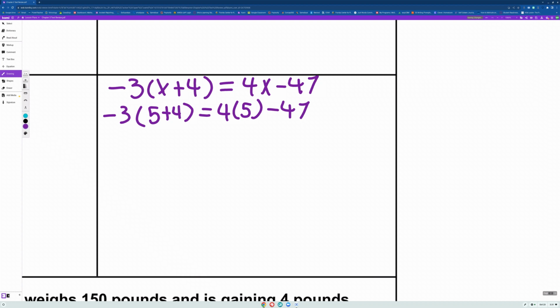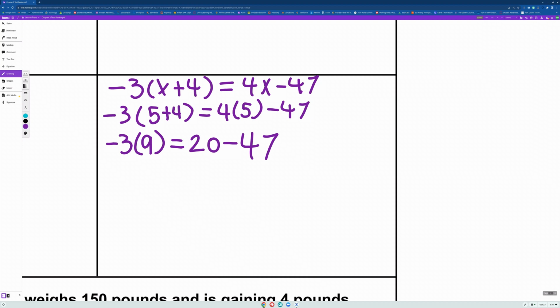So following our order of operations, parentheses are first. 5 plus 4 is going to give me 9. Is equal to 4 times 5 is 20 minus 27. Or I'm sorry, not 27. Whoops. Minus 47.